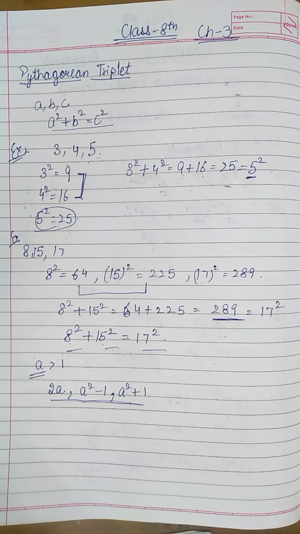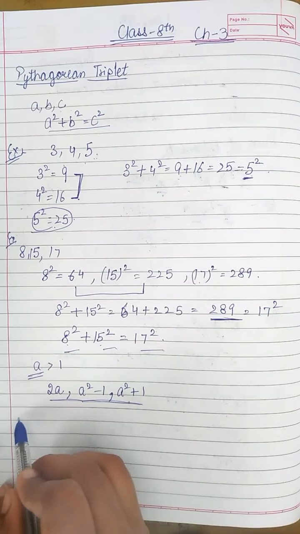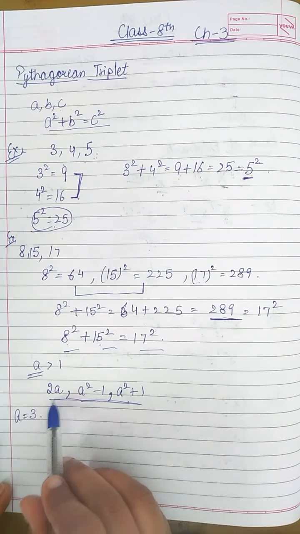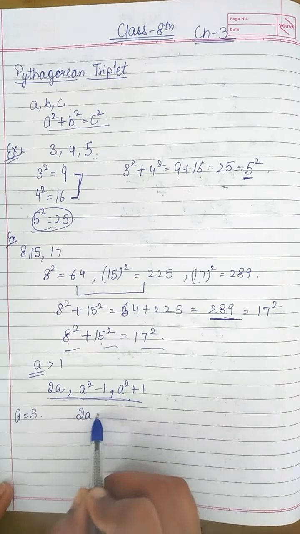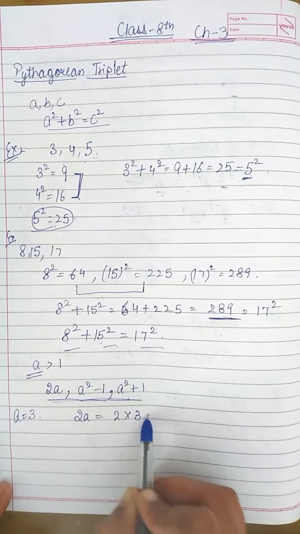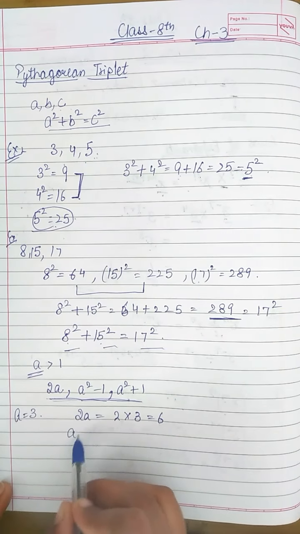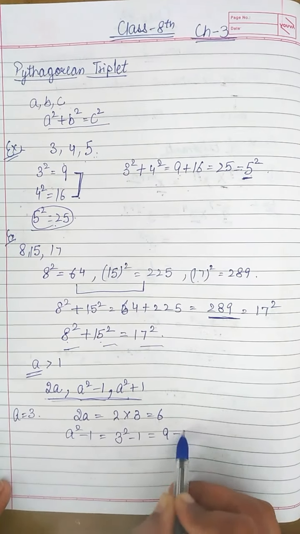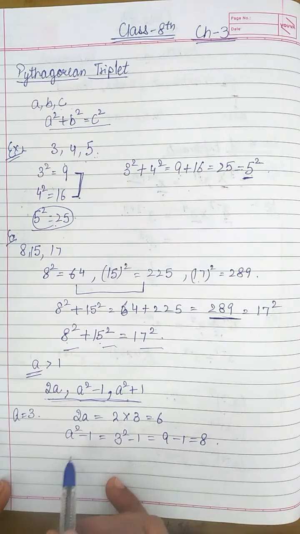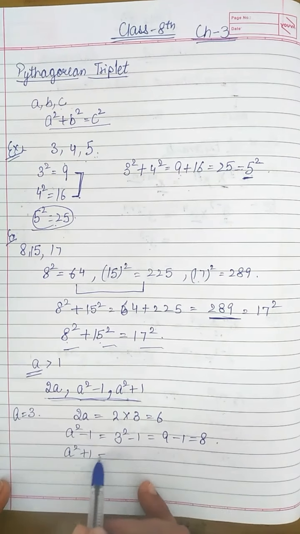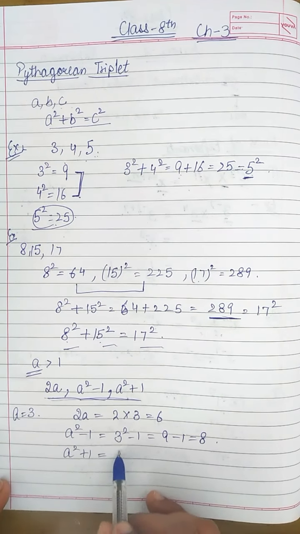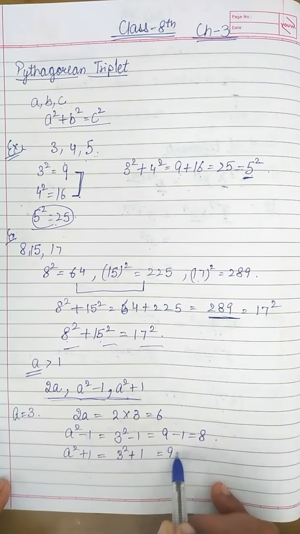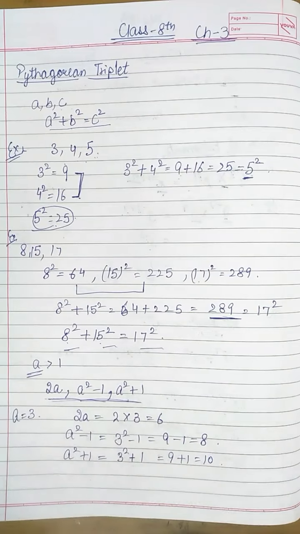For example, let us take the value of a equal to 3. So 2a is equal to 2 multiplied by 3, which is 6. a square minus 1 is equal to 3 square minus 1, which is 9 minus 1, 8. a square plus 1 is 3 square plus 1, 3 threes are 9 plus 1 is equal to 10.